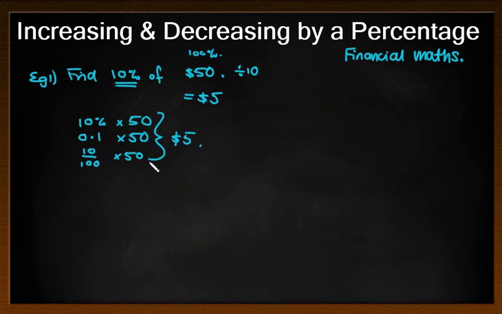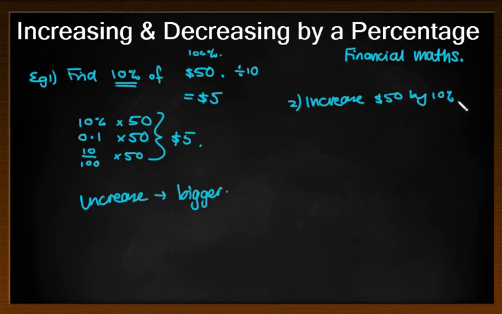So that's a pretty straightforward question. So what does increase mean? Well, increase means to get bigger. So we want to make it bigger. If I gave you the question that said increase $50 by 10%, the first part is to figure out what is 10%, and I've just done that. We know that 10% of $50 is $5.